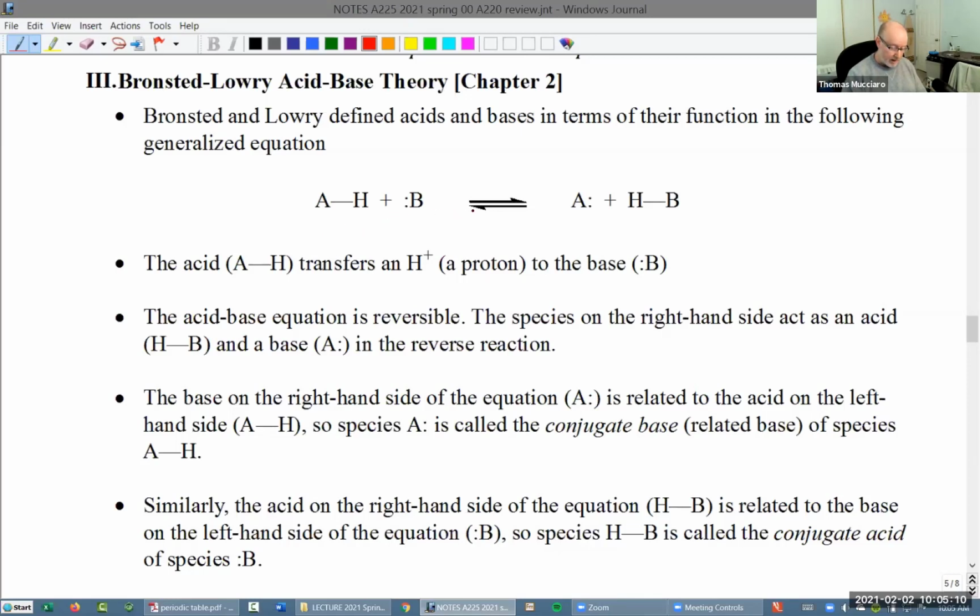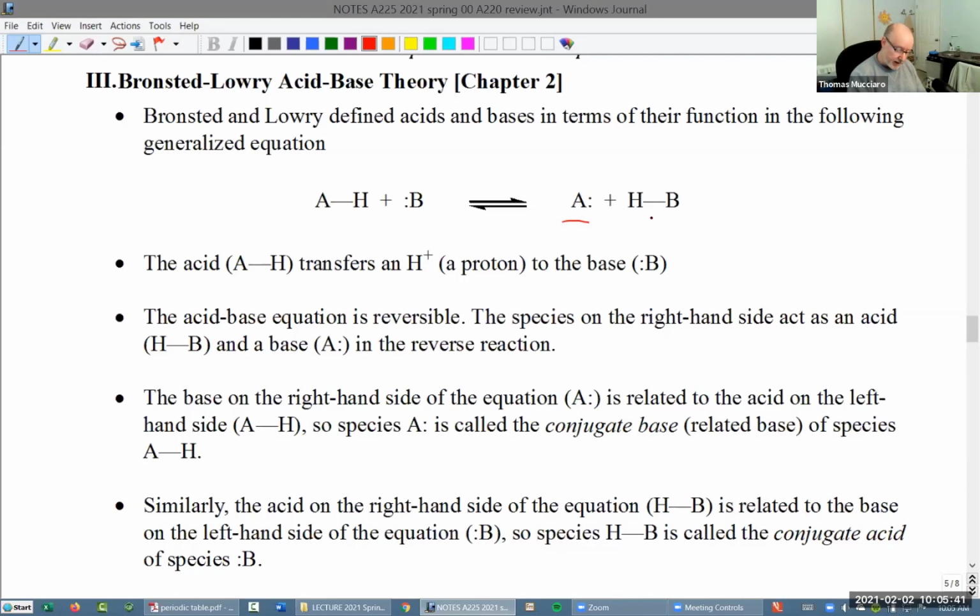But what they did, I think that was so groundbreaking was they realized that if we look at the overall process, then at the end of this process, on the other side of the equilibrium equation, the products are also acids and bases. Because in the reverse direction, what we see then is that this species here, to get back to where it started, it's going to grab a hydrogen, which means it's going to be a base.